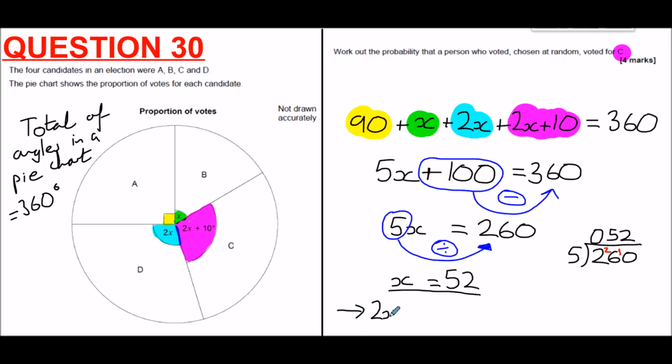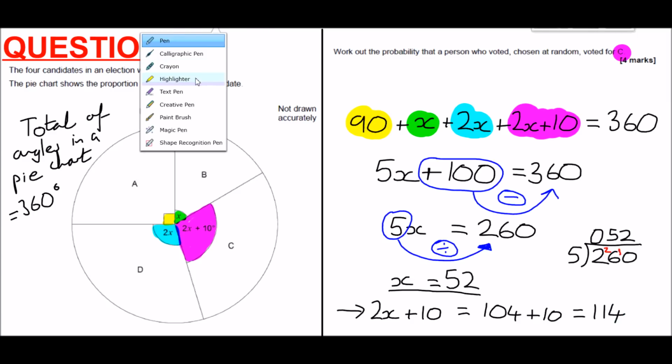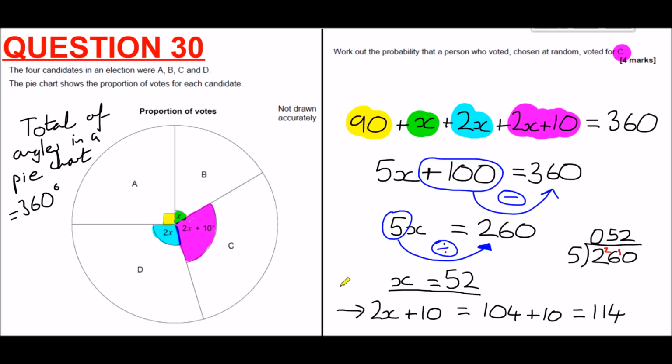If x is 52, then 2x plus 10 will mean 2 lots of 52, which is 104, plus an extra 10, which gives us 114. And so what that means is the purple angle is going to be 114 degrees.